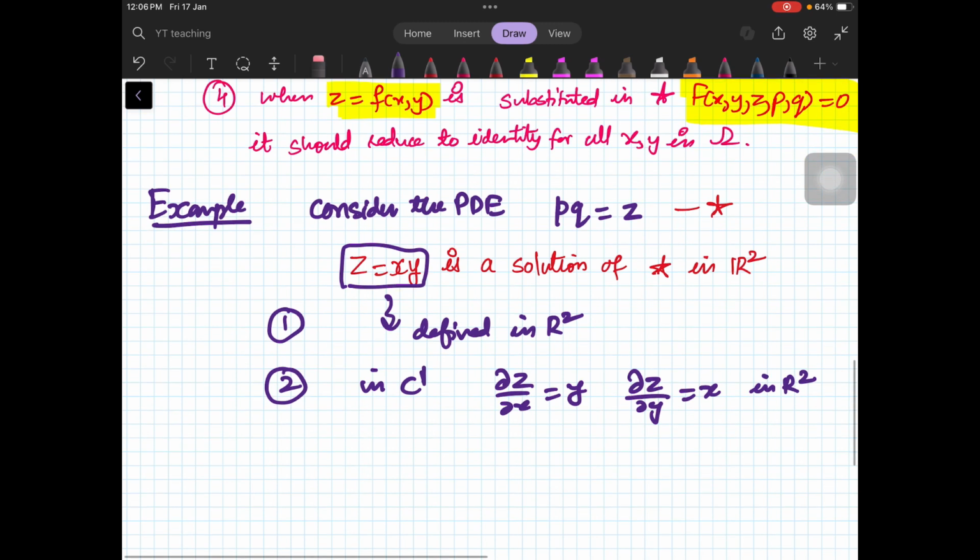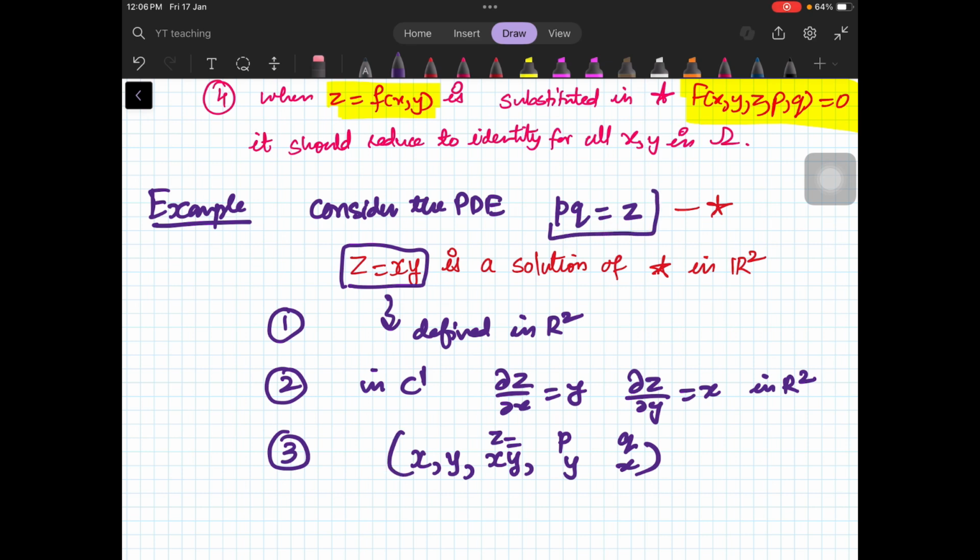And then for any x comma y, if I take z which is xy, the partial derivatives will be y and x. This is in the domain of this function, because this function is pq minus z equal to 0. There is no problem in the domain. It is in the domain of F, right?